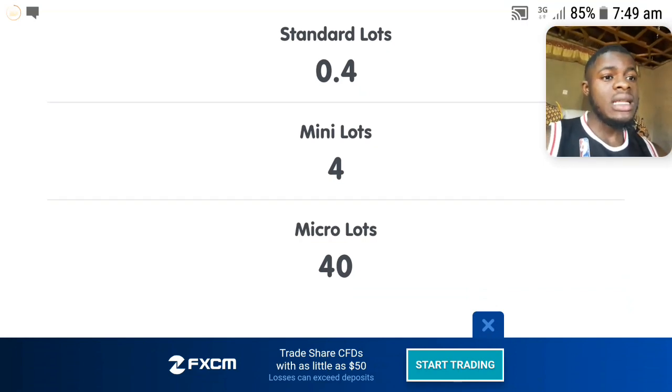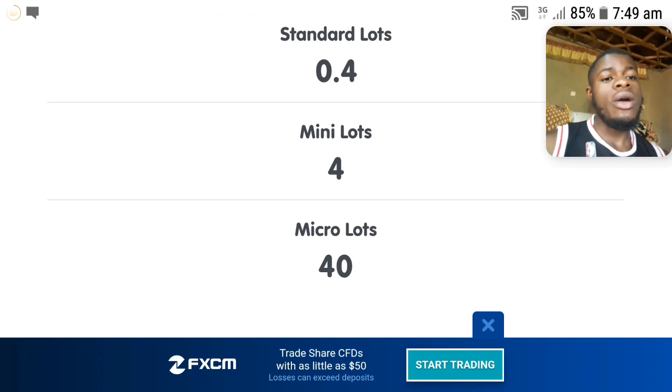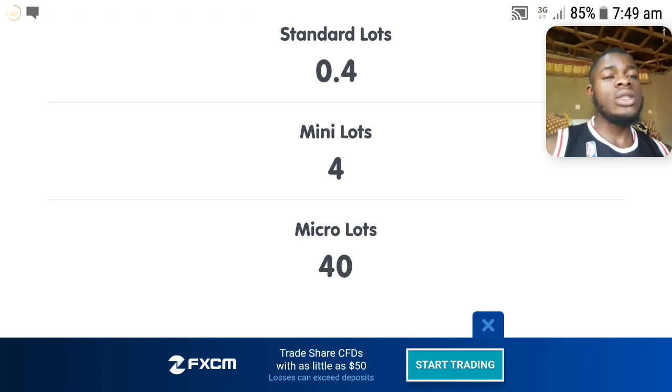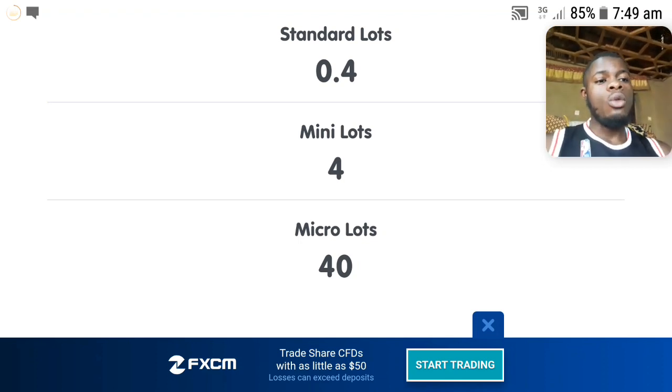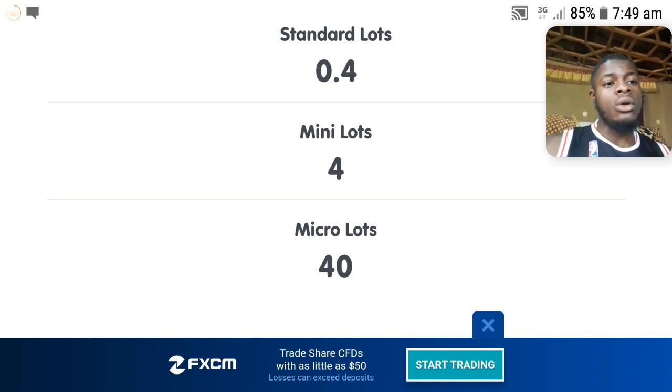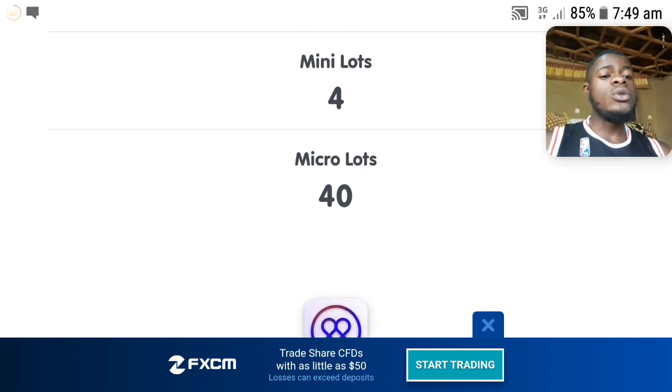It means that I'll enter 1 mini lot, 2 mini lots, 3 mini lots, 4 mini lots. So it's not like I'll enter just one position. I'll enter 1 mini lot, stack again, 2 mini lots, stack again, 3 mini lots, just like that. I hope you understand what I'm saying. Now going to the micro lot, it means I'll have to use 40 micro lots.